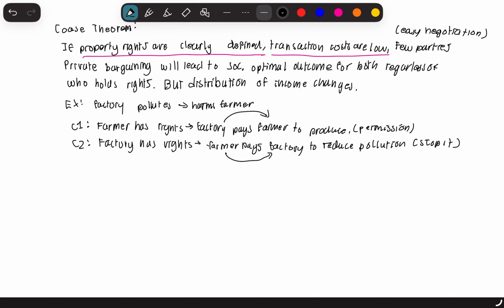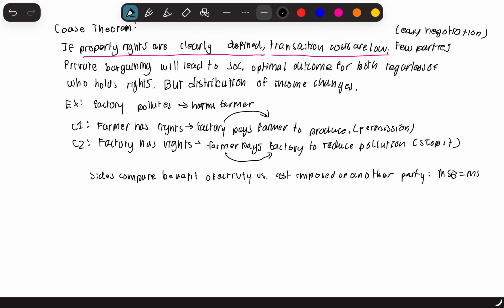So both sides are going to compare the benefit of the activity until your MSB is equal to MSC.